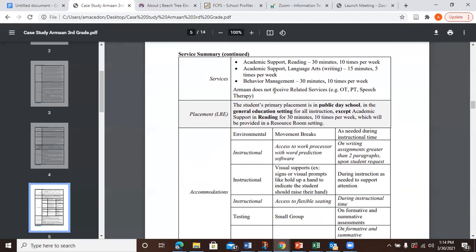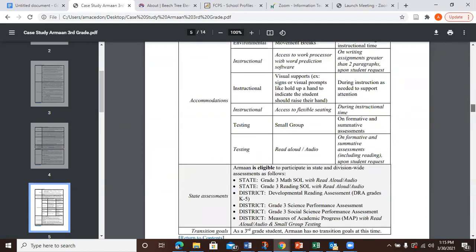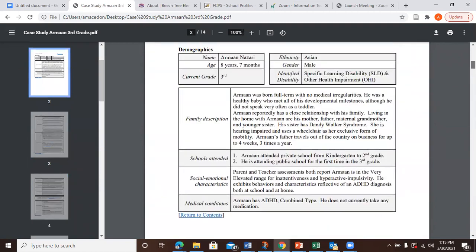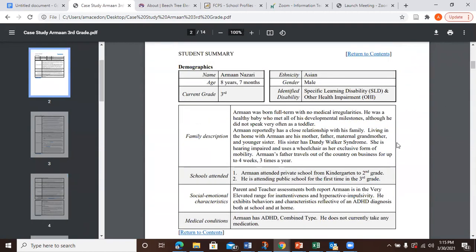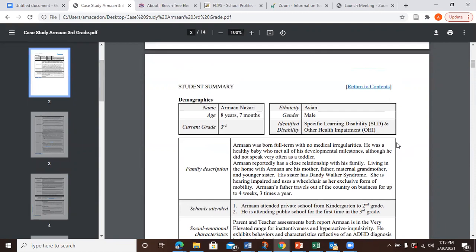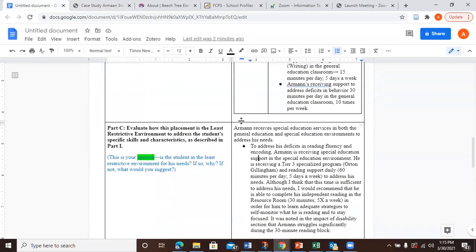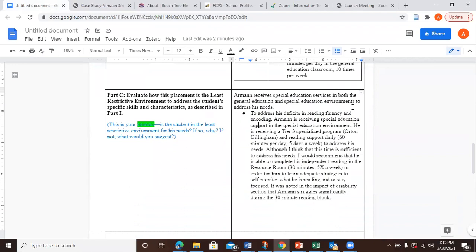In terms of thinking about Armand's needs and what he's currently getting, we can make a pretty strong case. You have a lot of data in here to demonstrate how we might address Armand's needs. One of the first things I wanted to address is his deficits in reading fluency and encoding.